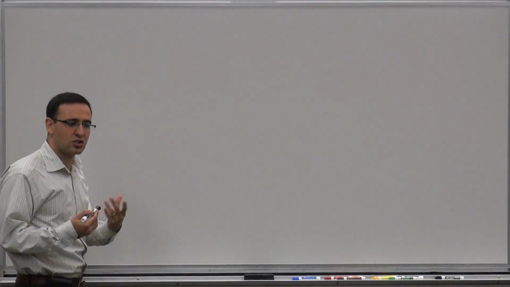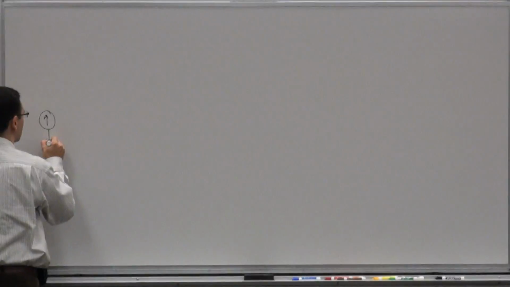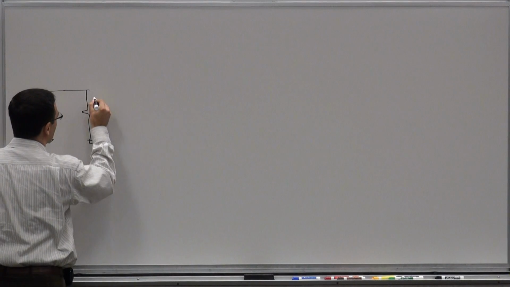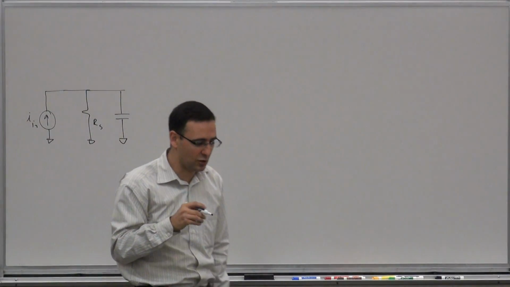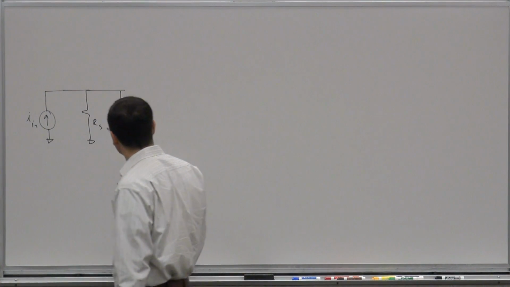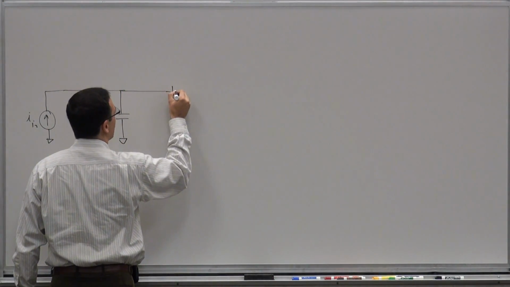As an example, let's start with a 3-stage common source amplifier. Let's say your input is a current source. You have some source resistance Rs, some input capacitance, and let's say your source has some capacitance. And then you go to the transistor.